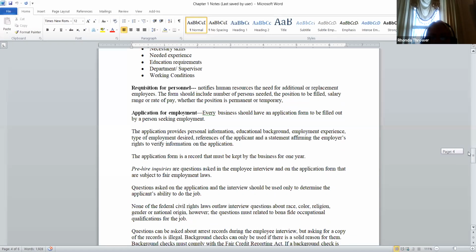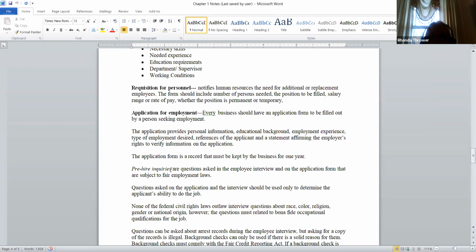And while we're talking about an application for employment, applications really have pre-hire inquiries on them, which are questions that are asked on the application, or they might actually be asked in the employee interview if the applicant has made it to that point in time.